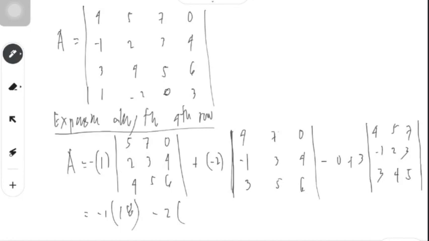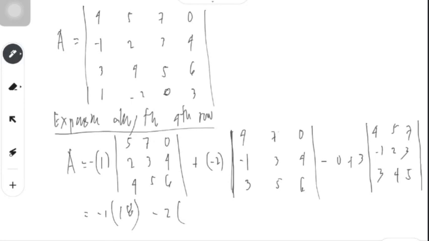Negative 1. Ilan yun? 4 by 3 by 6, negative 1 times 5 times 0. 0 na yun. Then, plus, what? 3 times 4 times 7.